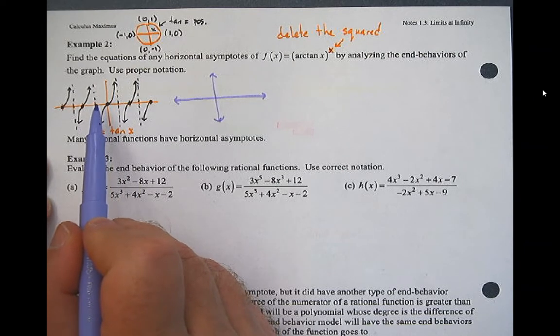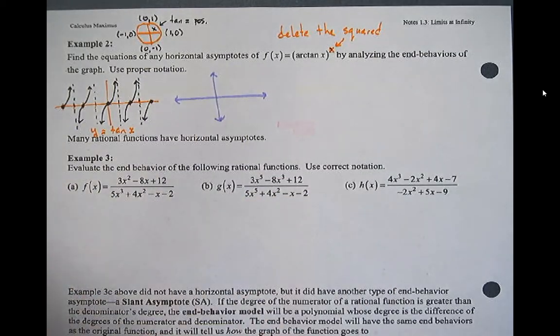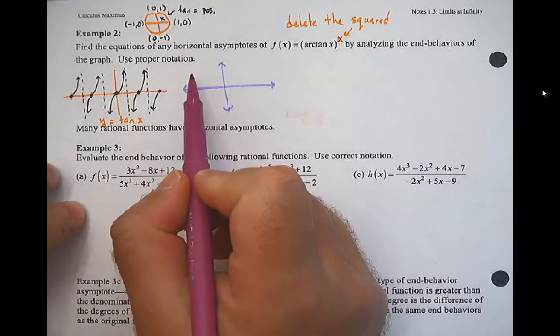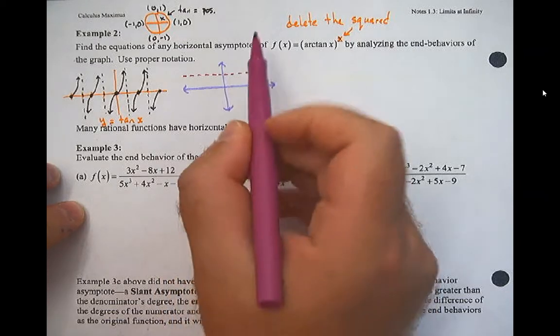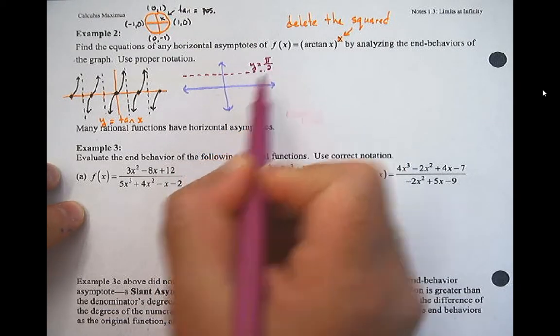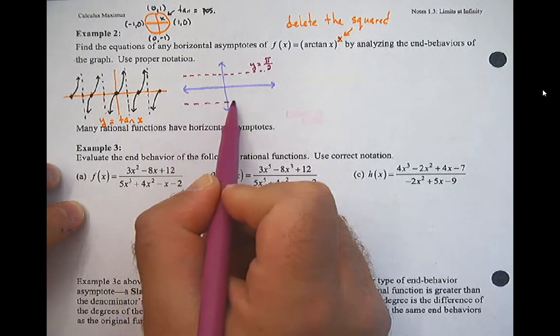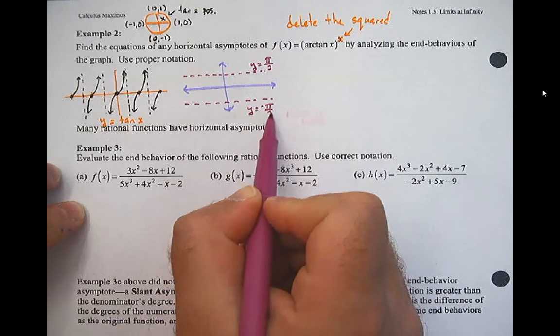This is -90. So those are my x values. If I'm looking at an inverse, they become my y values. That's the whole idea of an inverse, is that you can flip back and forth your x and y's. So this is going to be the line y equals pi over 2. And this is going to be the line y equals -pi over 2.